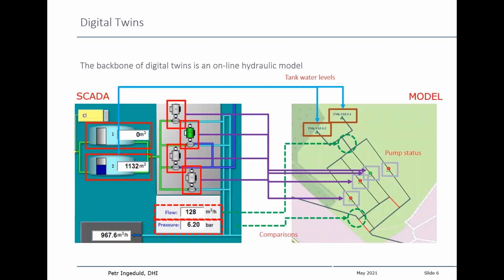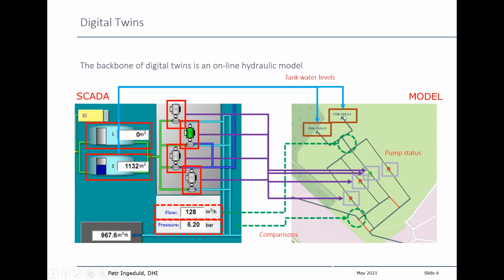The backbone or the core of digital twins is an online version of a hydraulic model. That means we have a hydraulic model developed and calibrated to a certain degree, and that is schematized on the right-hand side of this picture. Then we have the actual system, and we need to develop a mapping, a sensor mapping or data dictionary, between the telemetry, between SCADA, the source of the live data, and the hydraulic model.